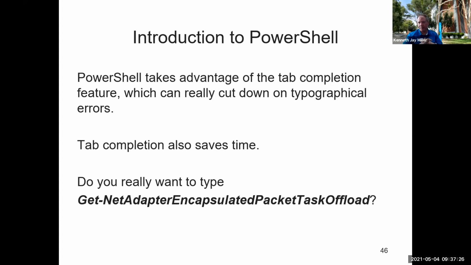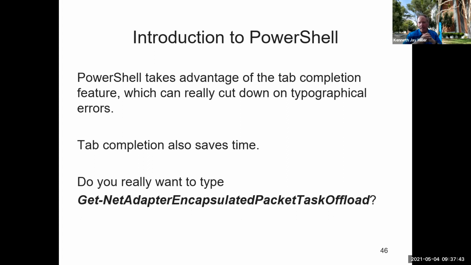This will really help you with two things. One, you're not going to have typos, right? How many of you have used Linux and you type out this big long command, hit enter, and you get an error and you're not sure where the error is, and then you have to go through and proofread what you just typed, and a lot of times there'll be a typo in there.